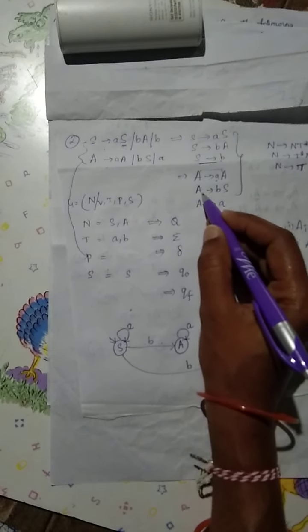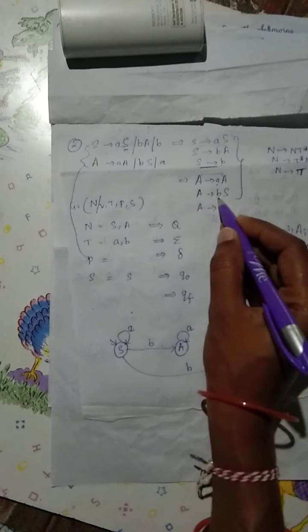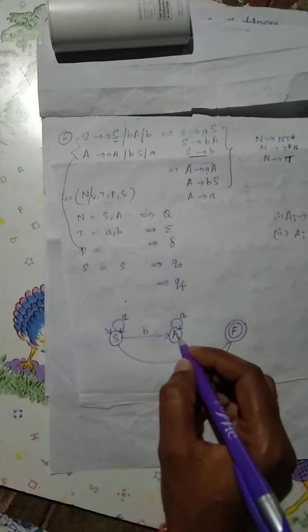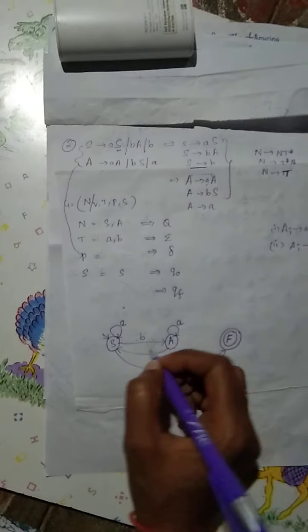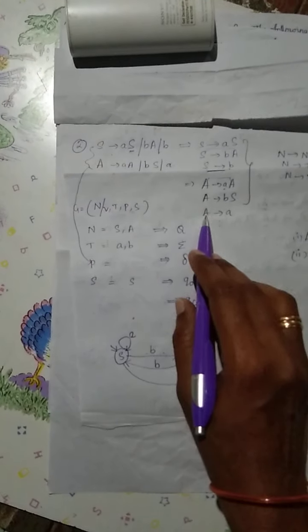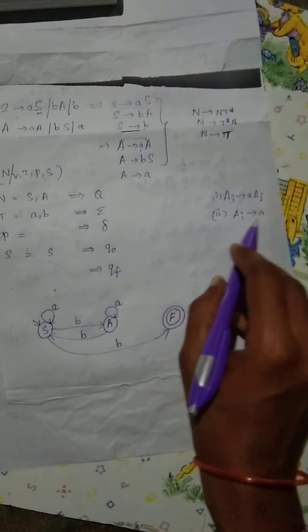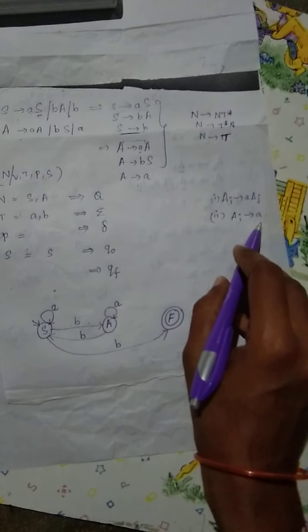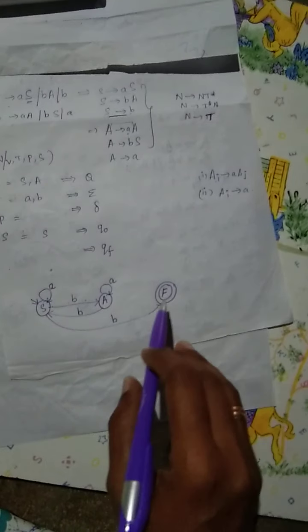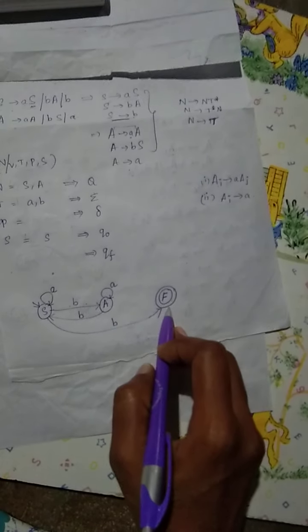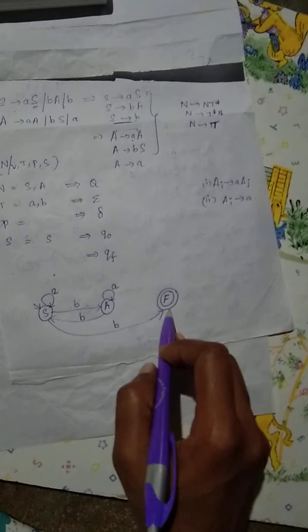We take the transition line from A to S, and the symbol is b. Next, A tends to a. Now it is in the form of the second rule, one non-terminal tends to a single terminal symbol. In that case we introduce one new state, but already we have introduced the new state, so we can use that here. What is the new state? F.